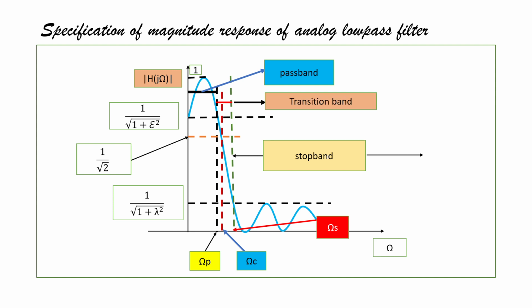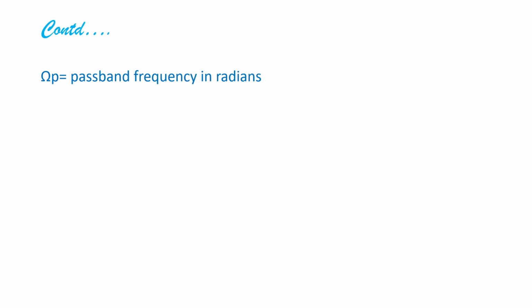Now look here. In a practical filter, there is ripple in the pass band as well as the stop band. Pass band ripple is determined by epsilon, and stop band ripple is determined by lambda.